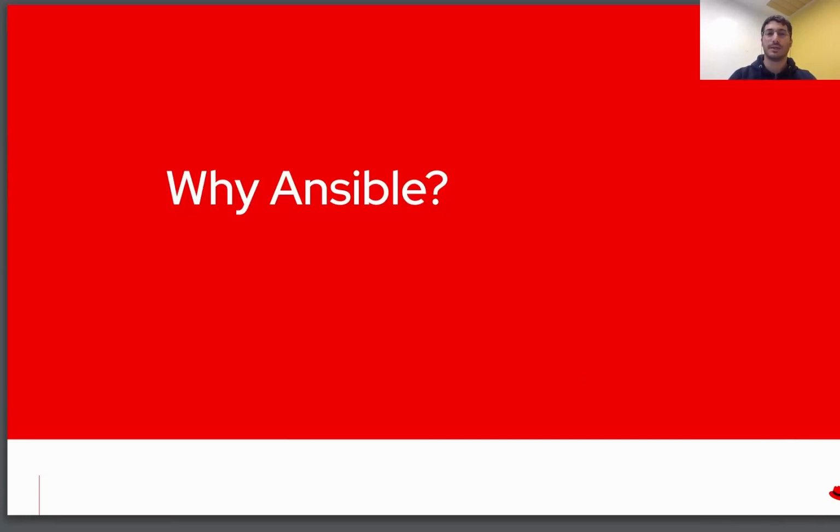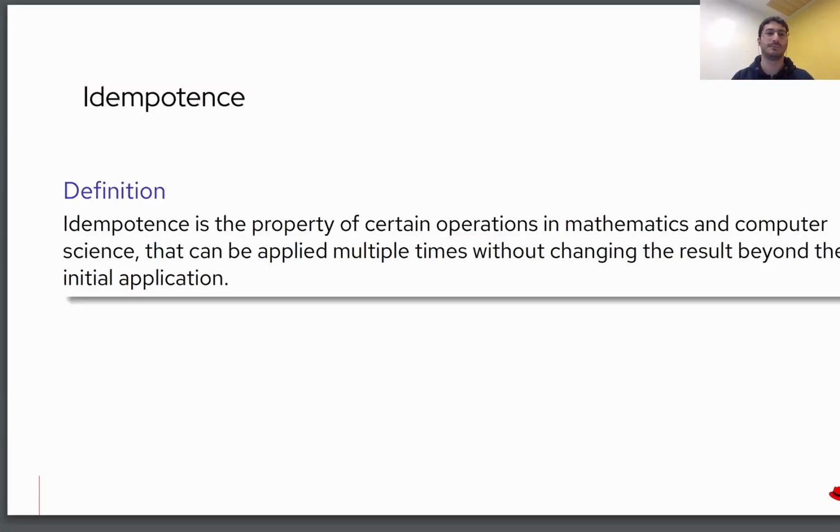So before going into the specifics, I want to introduce you to a concept which is idempotence. Hopefully, you have already heard about this, but probably in a different context. Idempotence is the property of certain operations in mathematics and computer science that allow an operation to be applied multiple times without changing the result beyond the initial application.